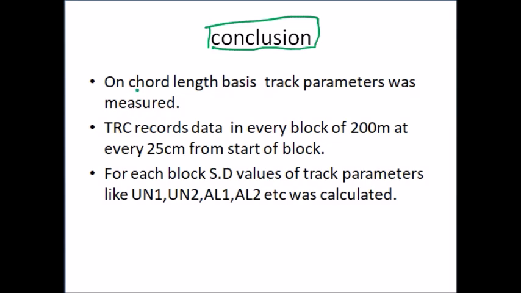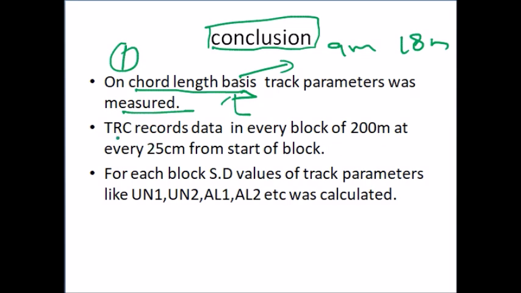So overall, what did we understand today? Track parameters are measured on a chord length basis: 9 meter, 18 meter, like this, for unevenness, alignment, twist. You are not recording wherever you want; you should measure the track parameters based on chord length.